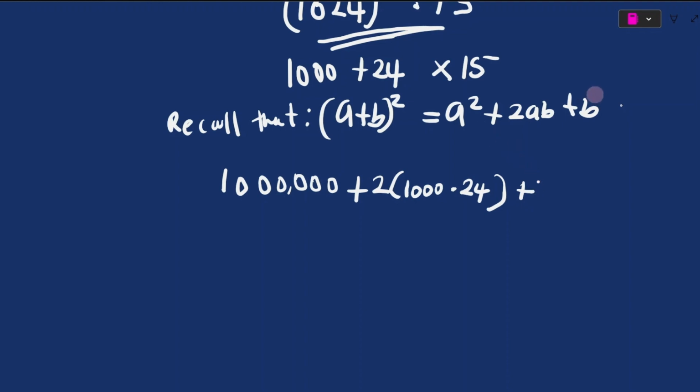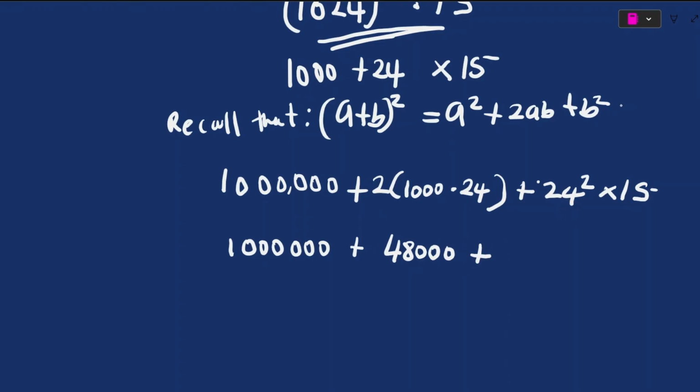Remember, B is squared, so we have 24 squared, then multiply this by 15. So if we solve it out, we have 1 million plus 1000 multiplied by 24 will give us 24,000, multiplied by 2 will give us 48,000, plus 24 squared.